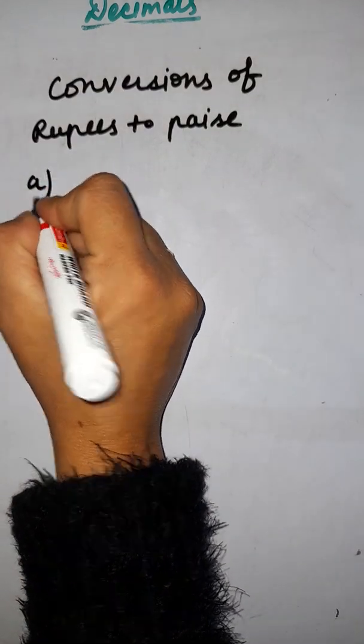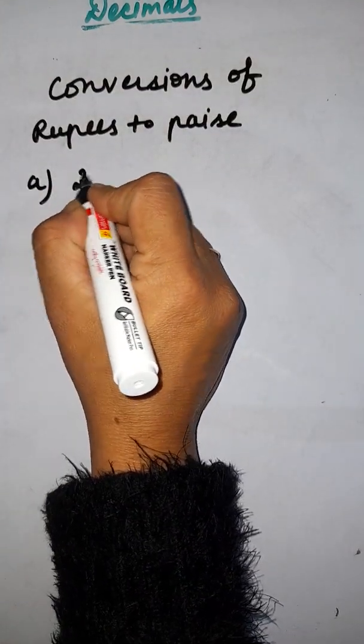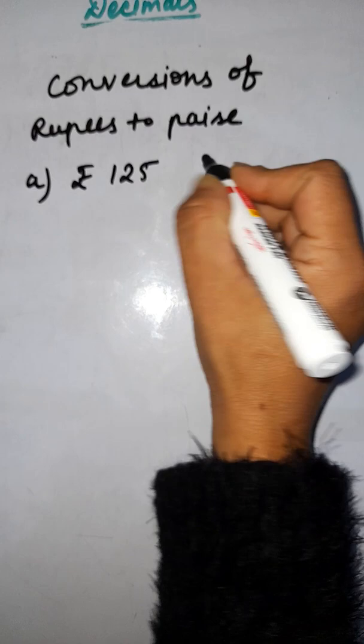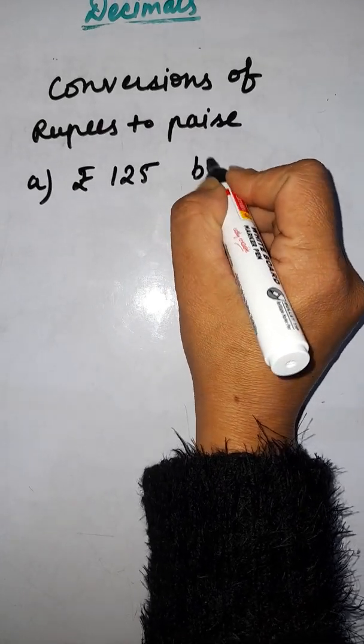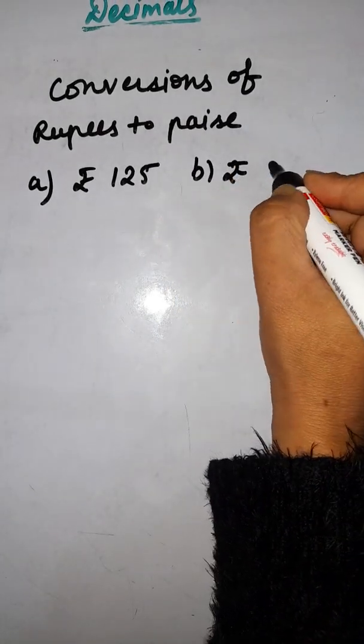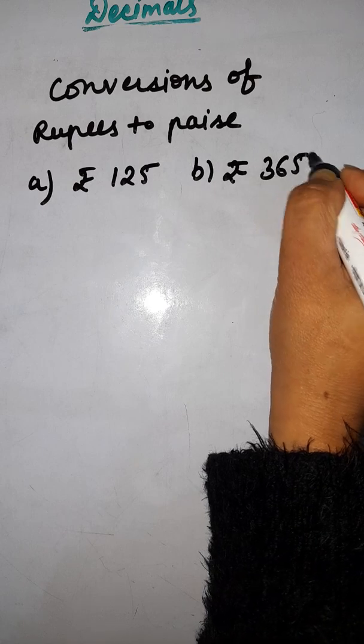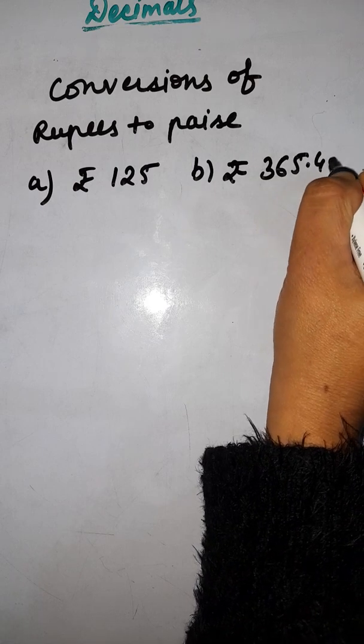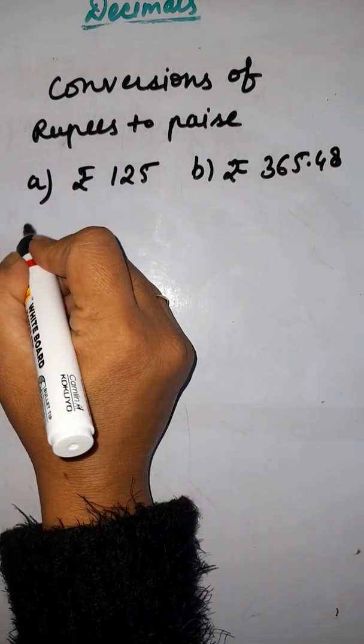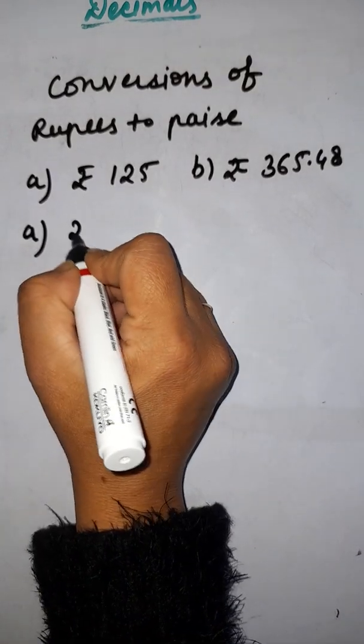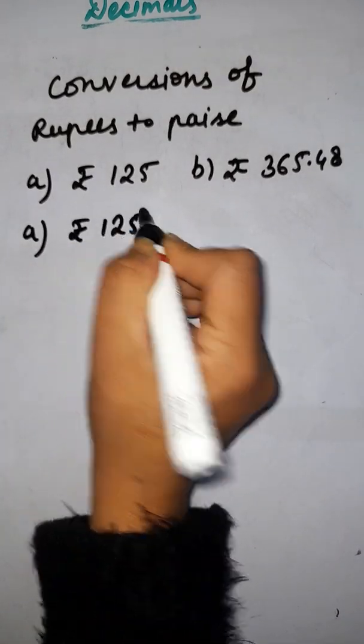Suppose we have example A, rupees 125, and example B, rupees 365 and 48 paise. Let's take the first example, rupees 125.